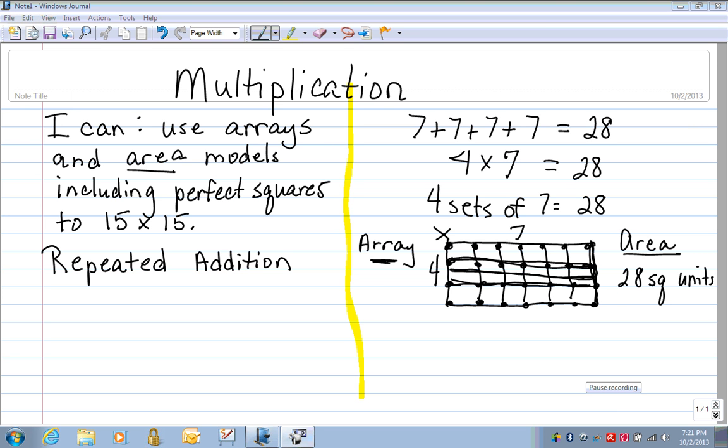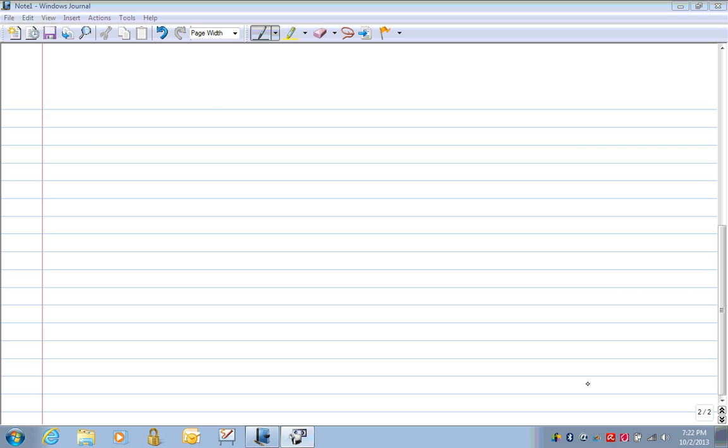Okay, we will pause so you can finish writing. We can also show multiplication by skip counting on a number line.